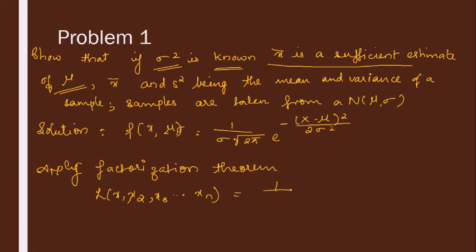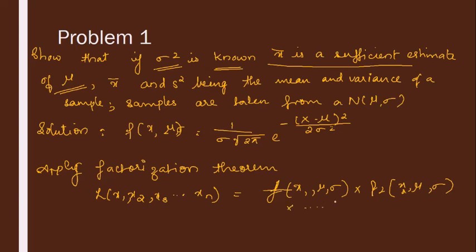So usually what is the general formula? First we will write the general formula: f of x1 with parameters mu comma sigma, multiplied by f of x2 mu comma sigma.